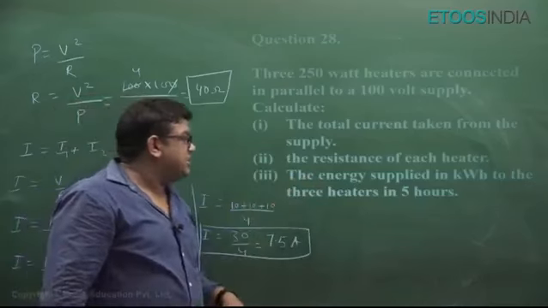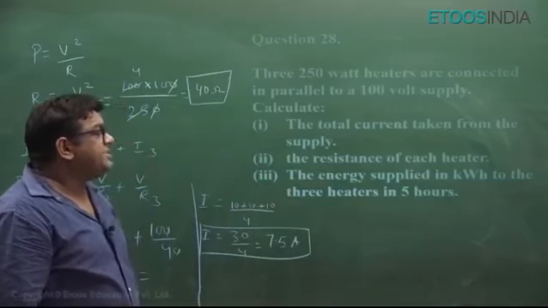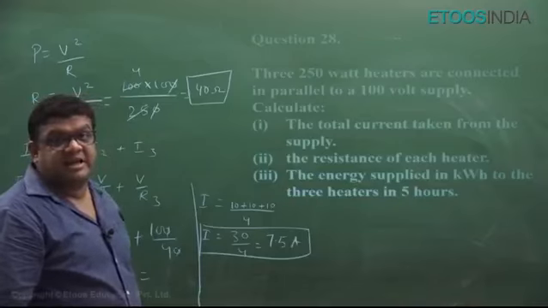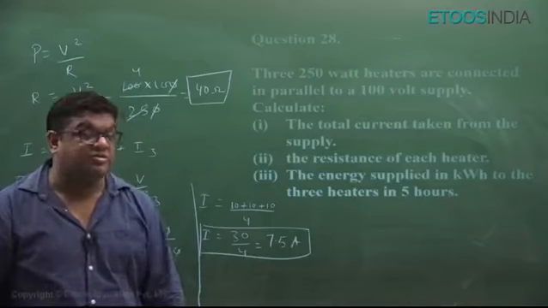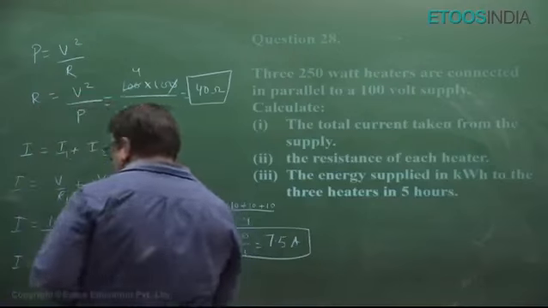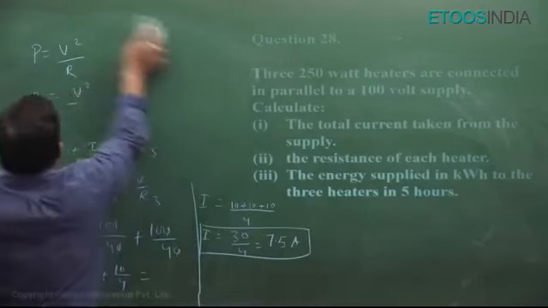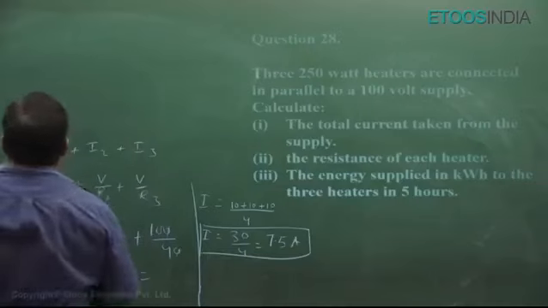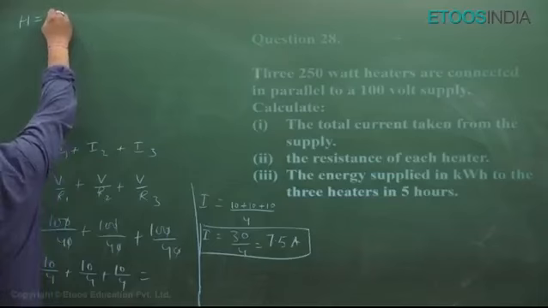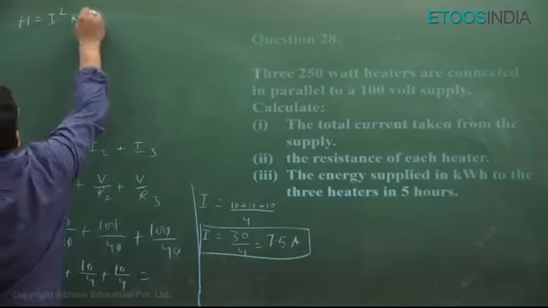Now the third part says the energy supplied in kilowatt hour to the three resistors in 5 hours. Now this is a tricky one. How will we solve that? So let me see. Just try to solve it here. We know that the formula for heat is I square RT.